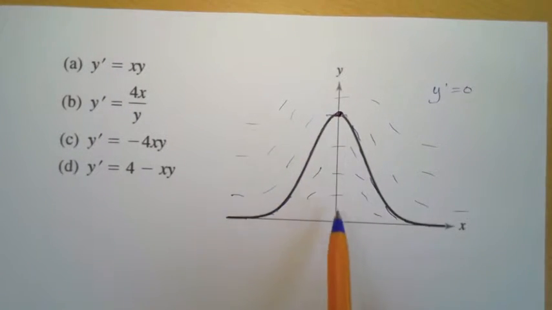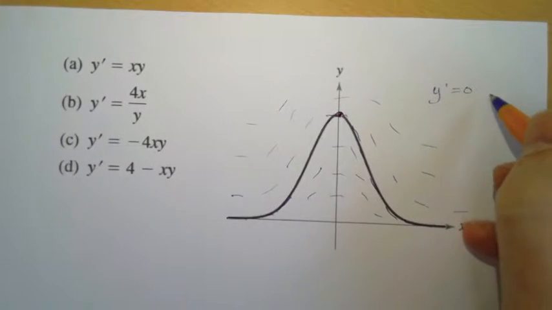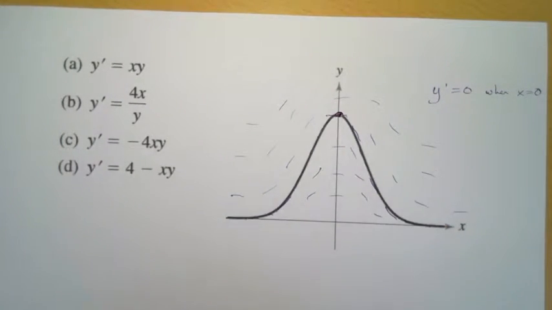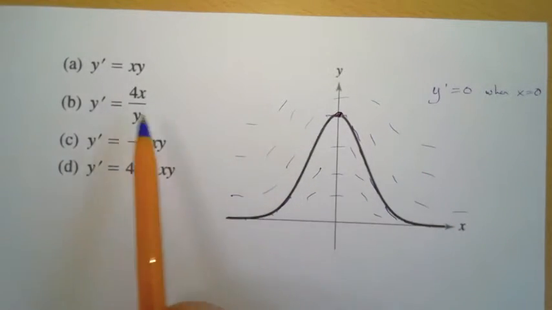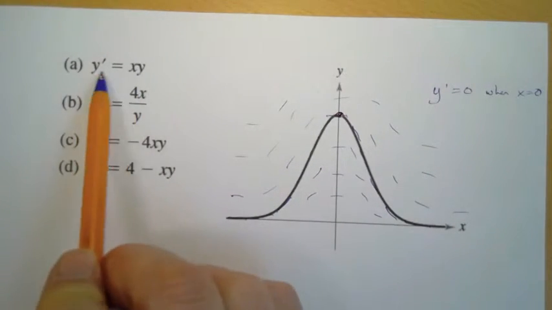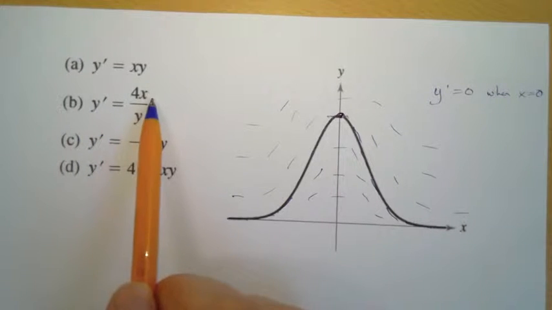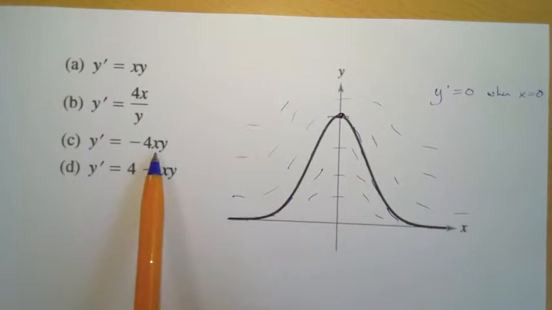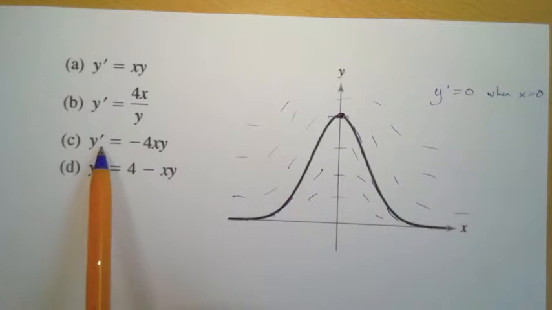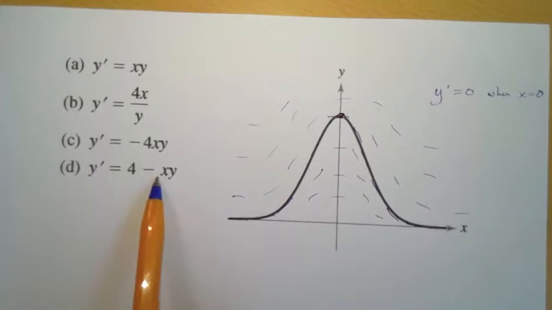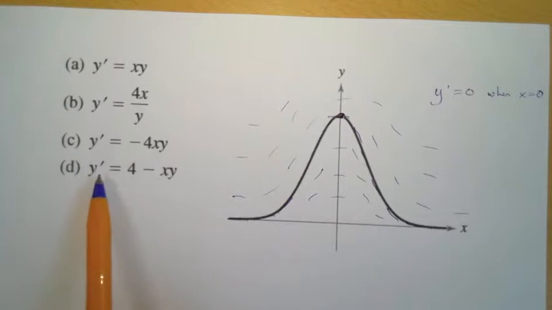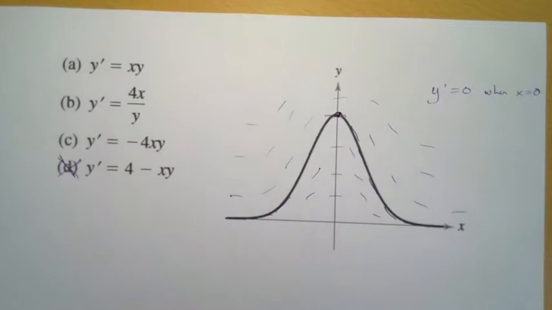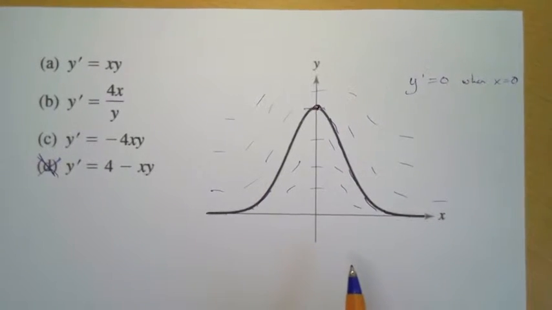We actually don't know what the value of y is, but we definitely know that y prime equals 0 when x equals 0. So does it work? If x equals 0, yes, y prime equals 0. Yes, y prime equals 0. Yes again. This time, if x equals 0, y prime equals 4. So we can remove this solution.